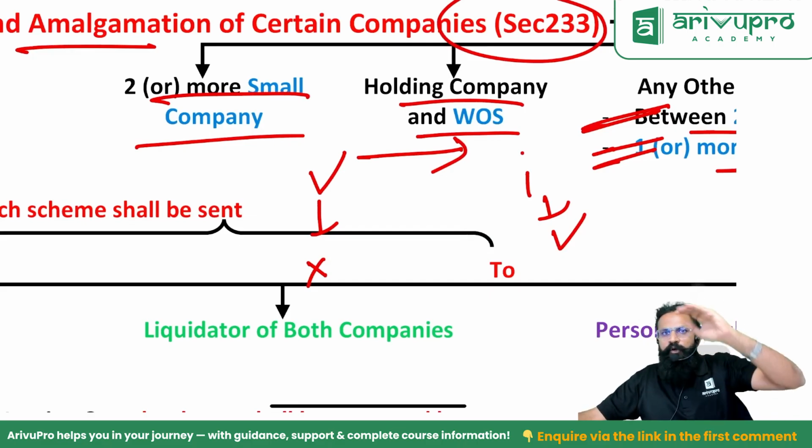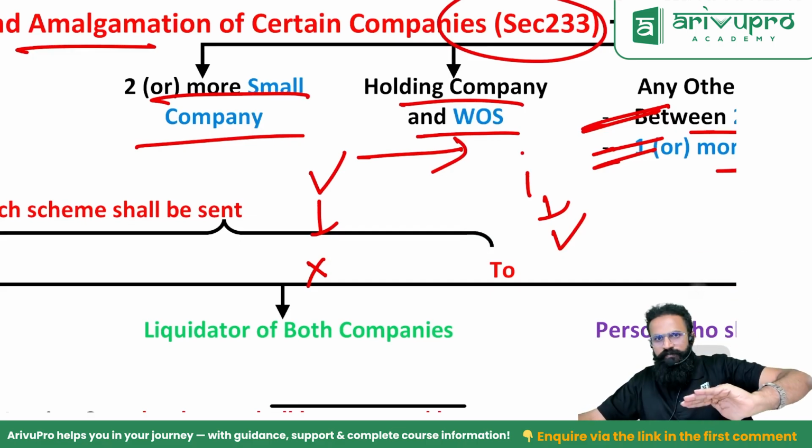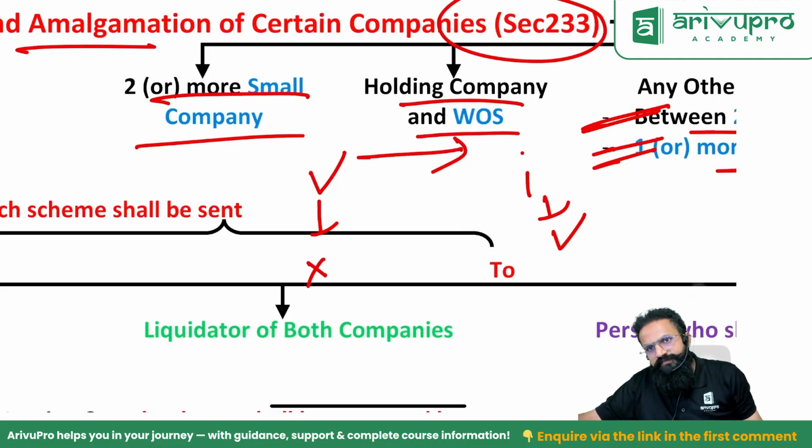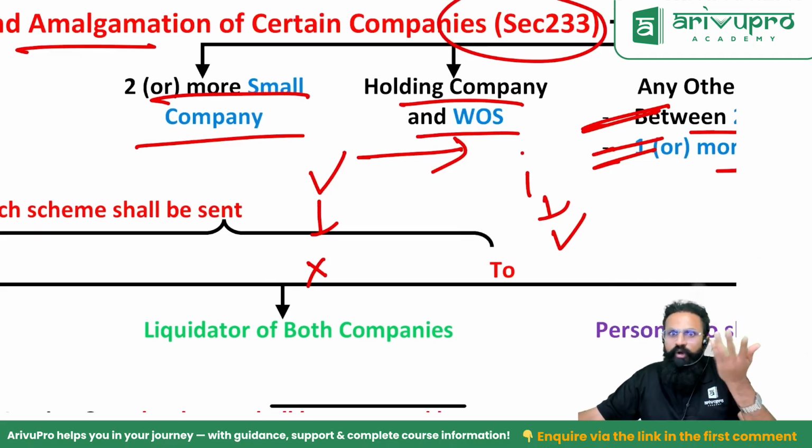So it can happen now between a holding and wholly owned subsidiary, 2 small companies, 2 startups, or 1 startup and 1 small company. Everything is allowed. It says 2 or more, of course.